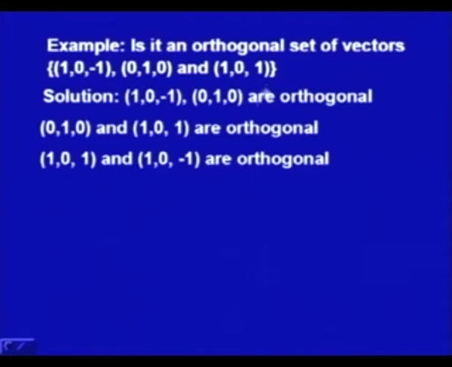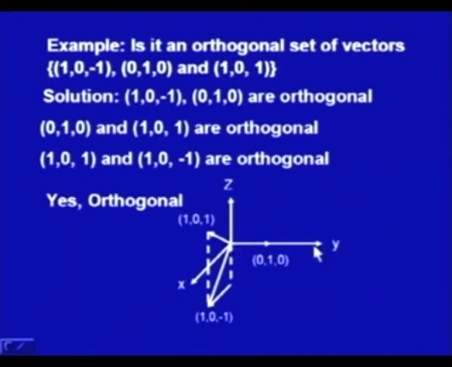If this pair is also orthogonal, then we can say that this set is a set of orthogonal vectors. So, let us check this. 1 times 1 is 1, this is 0, 1 times minus 1 is minus 1. So, the sum is 0. This is also an orthogonal pair, and that means yes, the set S is an orthogonal set of vectors.